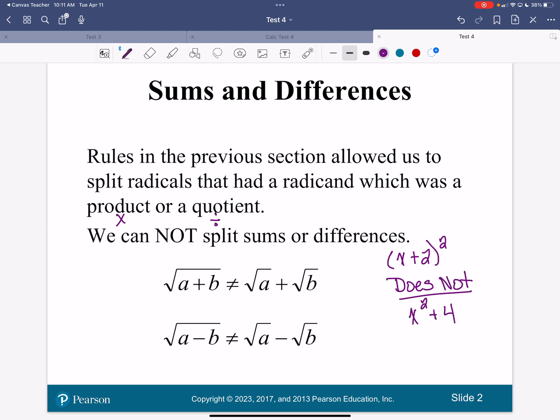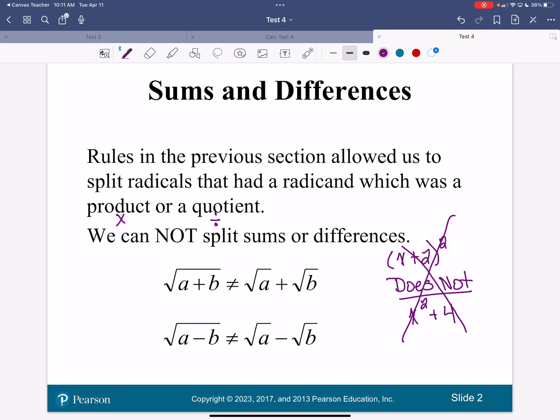The same is true for subtraction. So we have to remember this. This right here is not allowed. Square root of a plus square root of b, or square root of a minus square root of b, is not allowed if we start with both of them under the radical. You have to leave it under the radical.